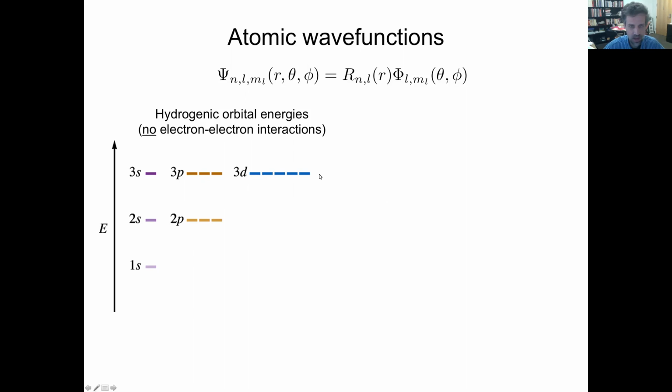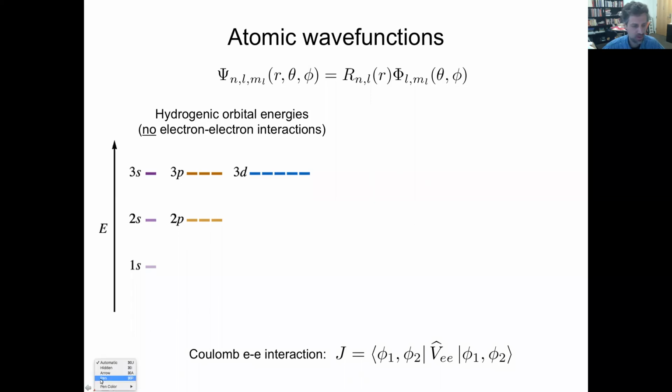So for any other atom but the hydrogen atom, you will have an interaction between the electrons, right? Because if there's more than 1 electron, there will be an electron-electron interaction. We wrote that in terms of this J, the integral that basically says how the electrons in the system interact through this Coulombic potential, right? So this is just a Coulombic potential right here.